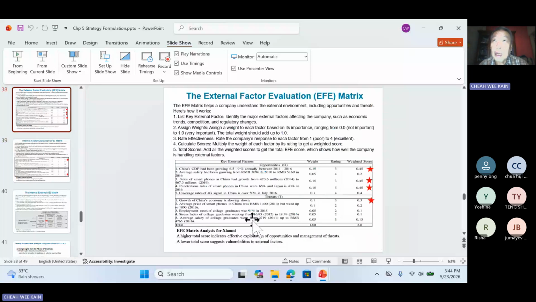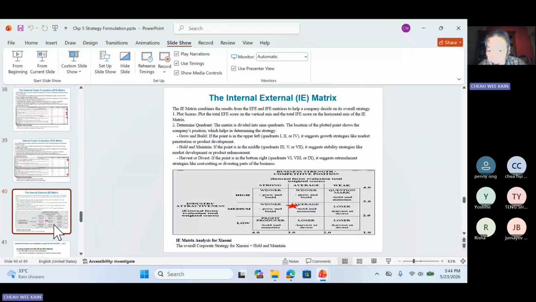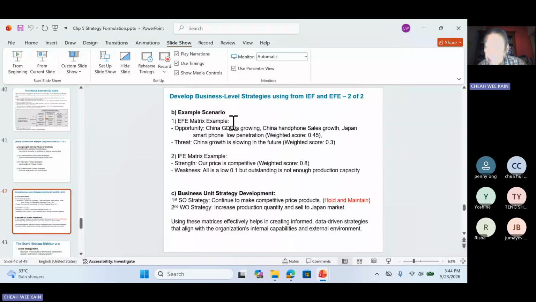You have one whole day, sit down together with senior management, put your own rating, get your marks, point at here, whichever is here, then do this example, and does it tie back to your current strategy? And if it doesn't tie back to the current strategy, boss, now you do your own IE and EE, right? And it doesn't come back to your current strategy. Either the current strategy is wrong, or the whole of this method is wrong.